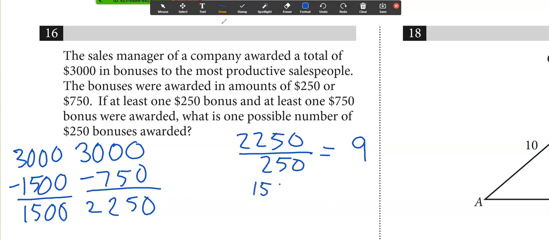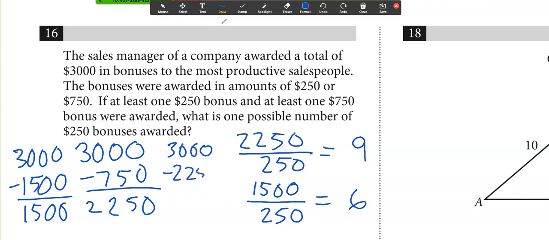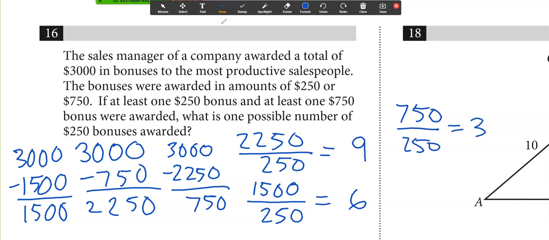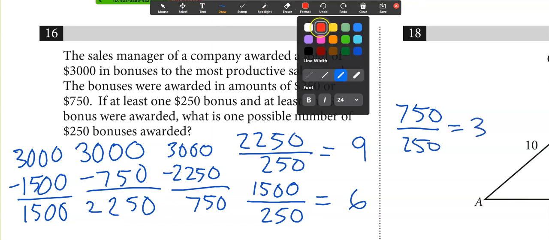So if you do $1,500 and you say, I'm going to split that up into $250 increments, you get 6 of them. Well, what if I said, I want to give away 3 of those $750 awards. That's only going to leave you with $750 left, and if you take $750 and divide by 250, you get 3. So, what should I pick?